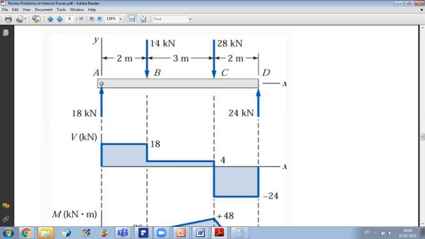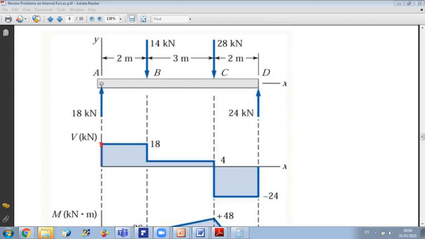This is why in the graph of V, we start from plus 18. In the course material, we have seen that a positive force will cause an upward jump in the shear diagram. So we start by plus 18.